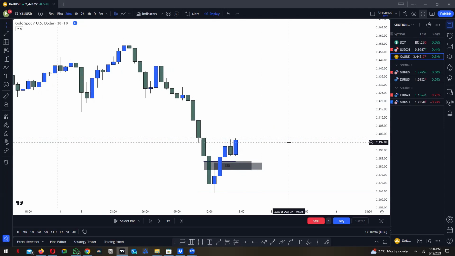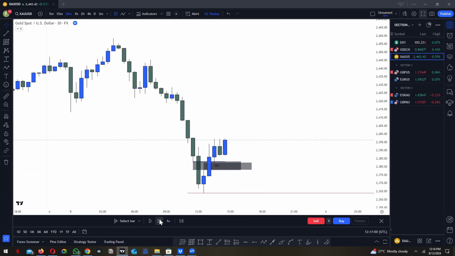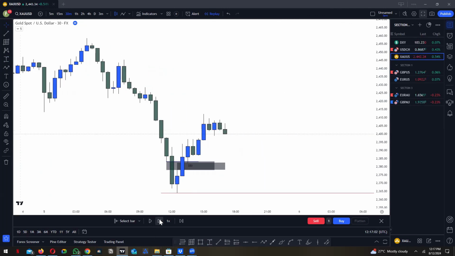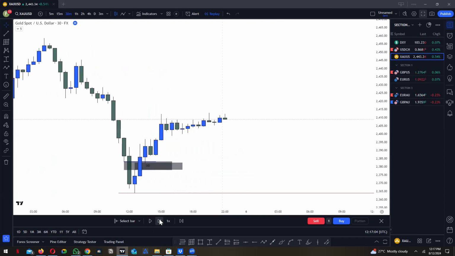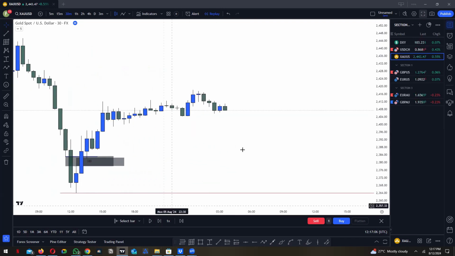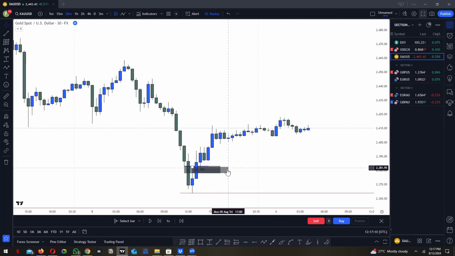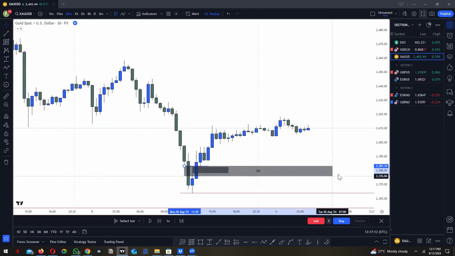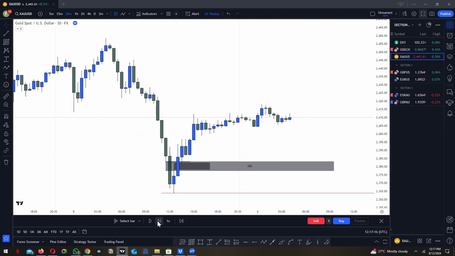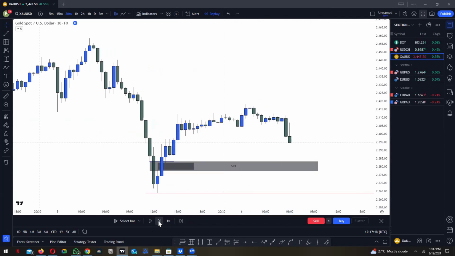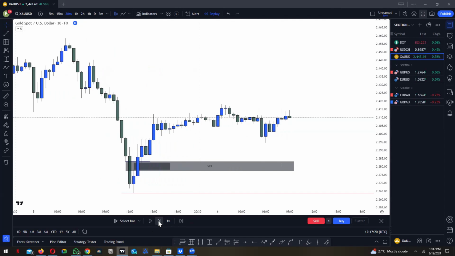So what we are going to do is wait until price comes back into this level and then take our entry to the upside, because our fair value gap here has now become a strong support level to take entries from. So we extend this to the right side, then wait for price to come back into this particular level.